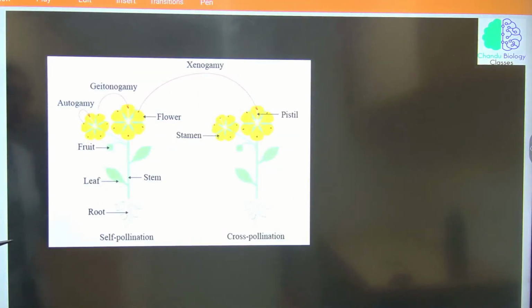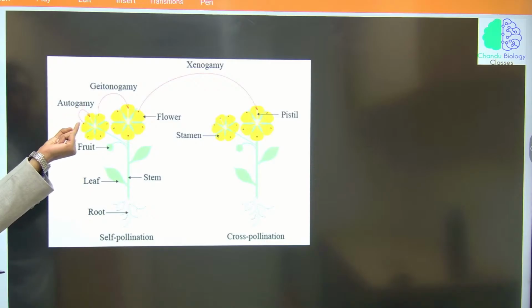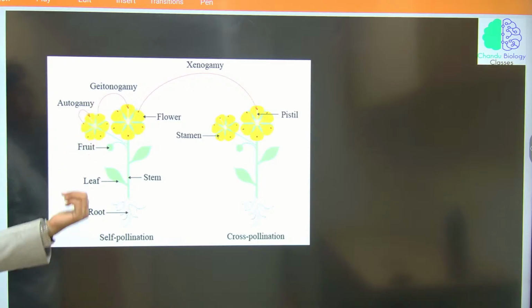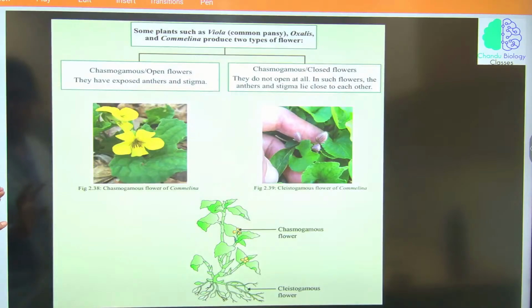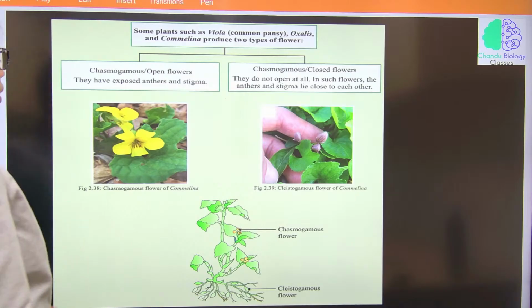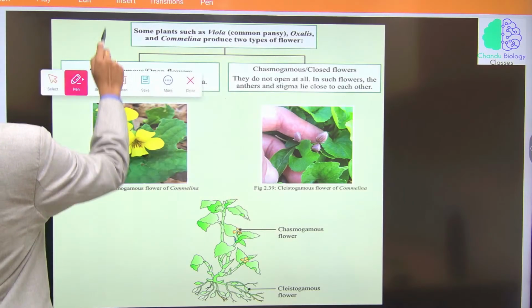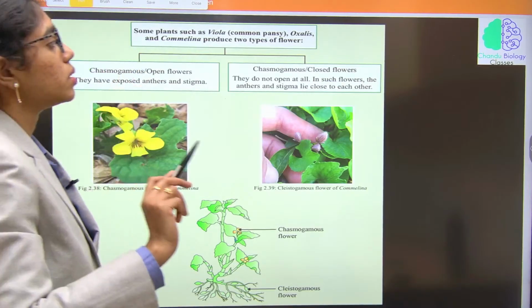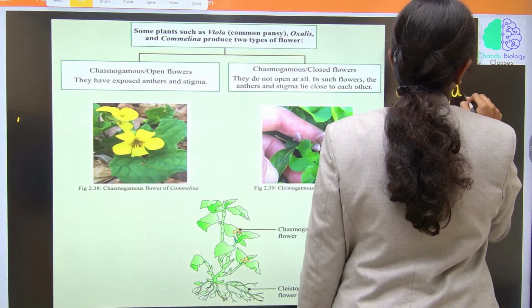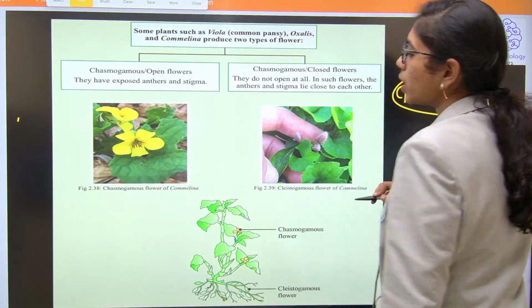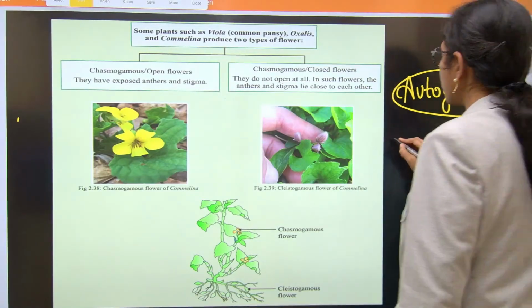And then here, from this diagram it will be clear to you. Autogamy in the same flower, geitonogamy between two flowers of the same plant, xenogamy between two different plants. And here, prerequisites for autogamy to occur. It is very simple to note: autogamy occurs in bud pollination.